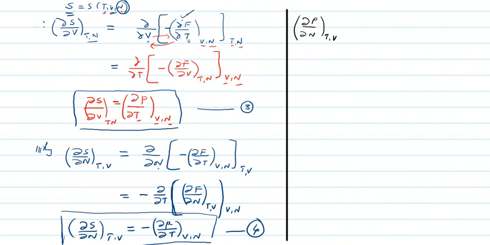So dou P by dou N at constant T and V will be equal to, in the same manner, dou by dou N of P. What is P equal to?